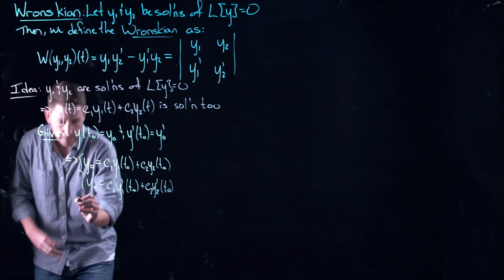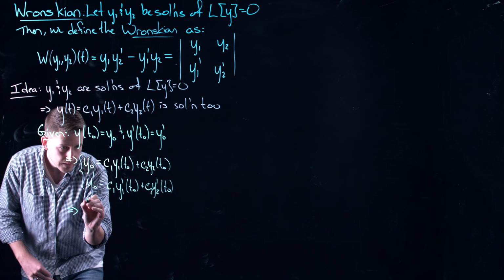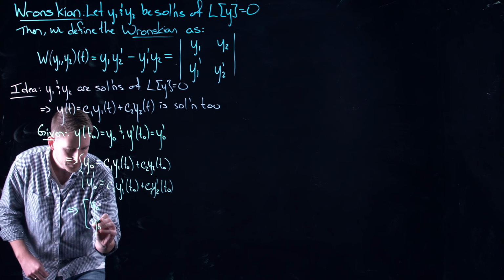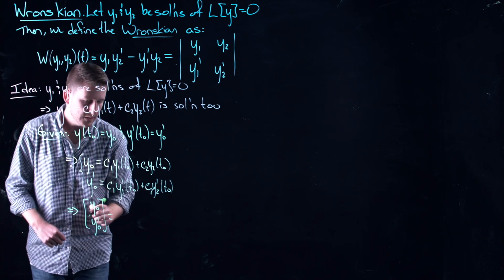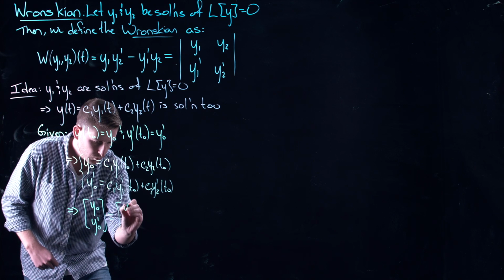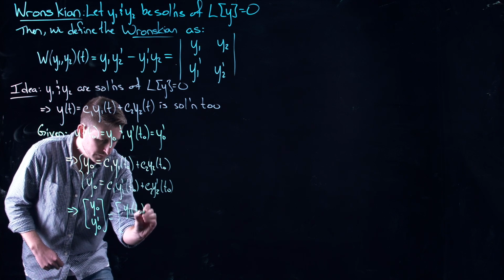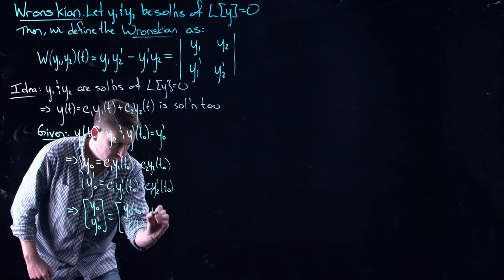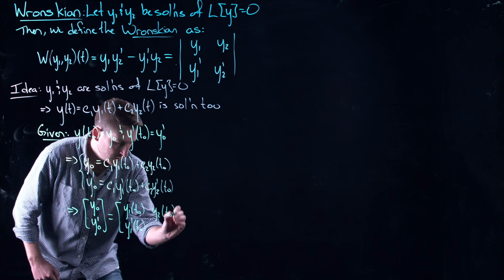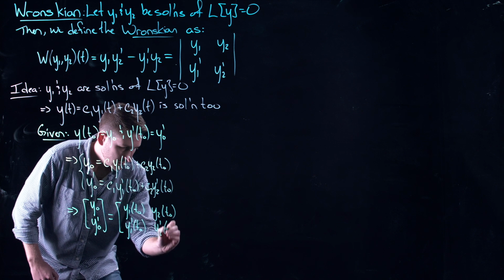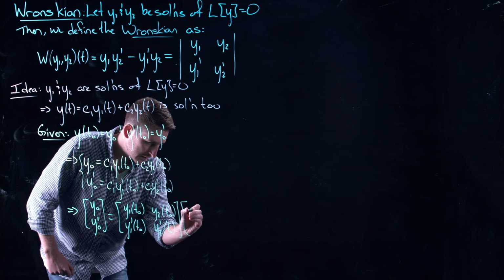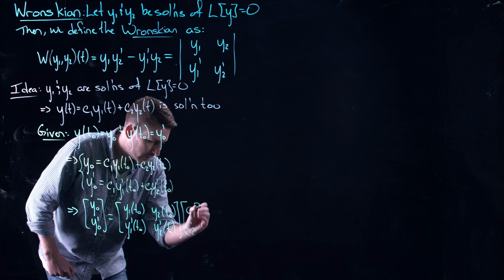Let's pose this as a matrix. This is actually y0, y0 prime is equal to the matrix with y1 of t0, y1 prime of t0, y2 of t0, y2 prime of t0, and then multiplied against the unknown vector C1, C2, right?